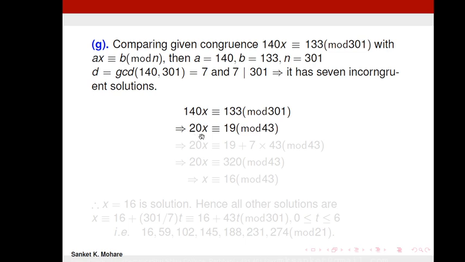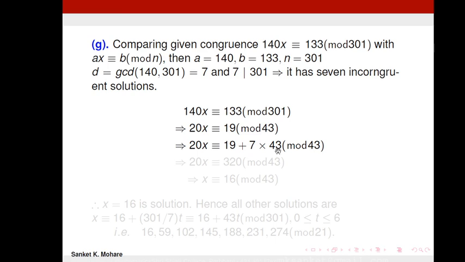This implies 20x is congruent to 19 modulo 43. Now 20 doesn't divide 19, so we add a multiple of 43 to 19 until 20 divides it. So this implies 20x is congruent to 19 plus 7 into 43 modulo 43.